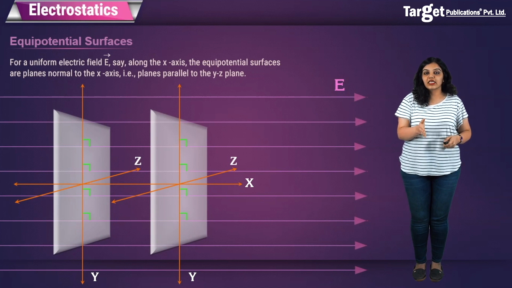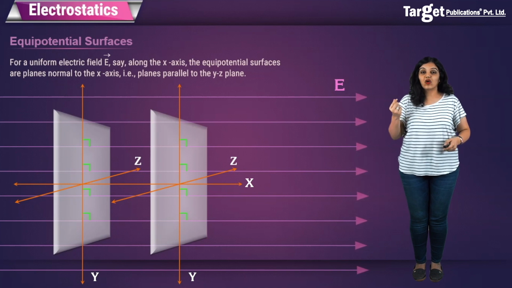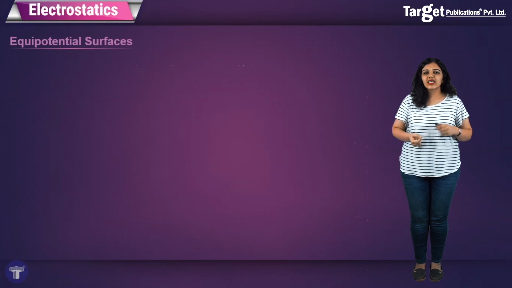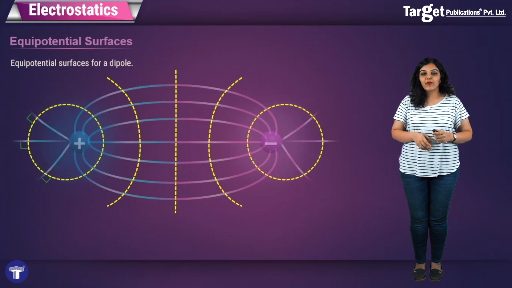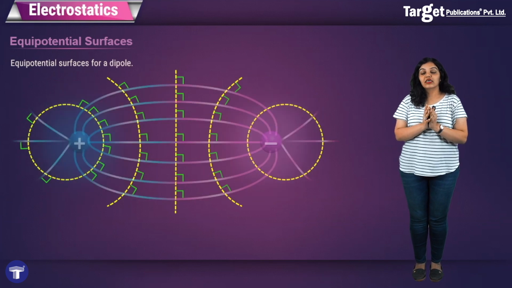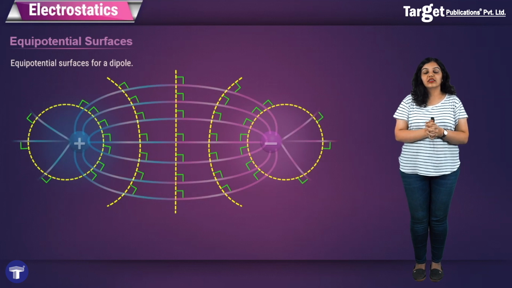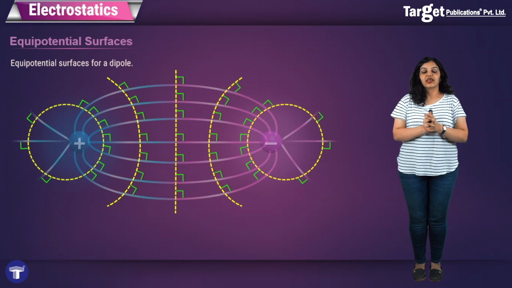So this is how the equipotential surfaces look for a uniform electric field which, let's say, is parallel along one particular direction. Similarly, we can take a look at equipotential surfaces for an electric dipole. At every point, as you can see, the electric field will be normal to the equipotential surface. So this is all about equipotential surfaces.